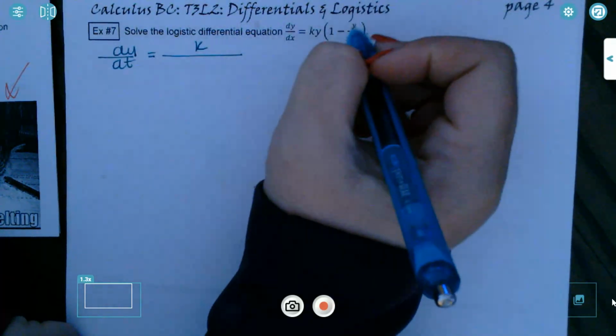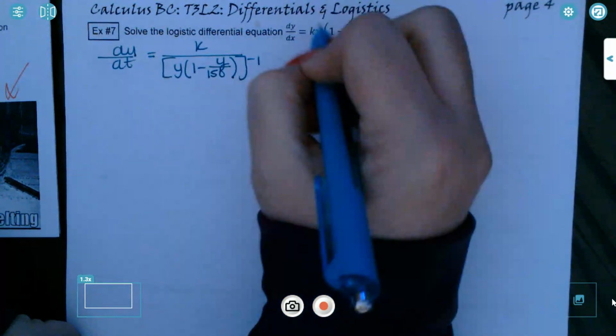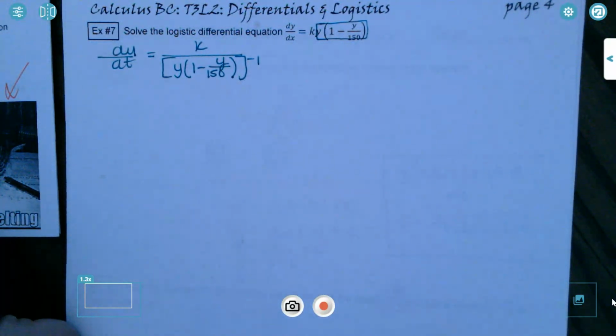All right, so I'm going to move this all down. I want y and then 1 minus y over 150, all of that to the negative 1. So I move this whole part down so that I could cross multiply.